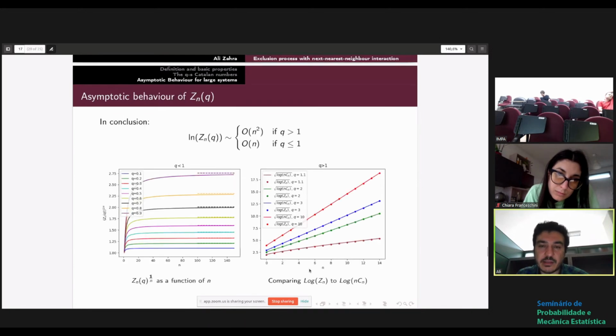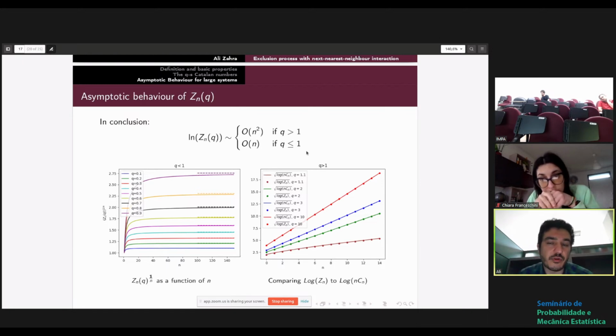Then I verified this numerically, by drawing the logarithm of Z_n(q). The logarithm of Z_n(q) should behave like n squared; this is what indicates that there is a phase transition at q equals 1. So log Z_n(q) for q bigger than 1 behaves like n squared, so if you plot the square root of it, it's just a straight line. This is true for Z_n or for C_n.